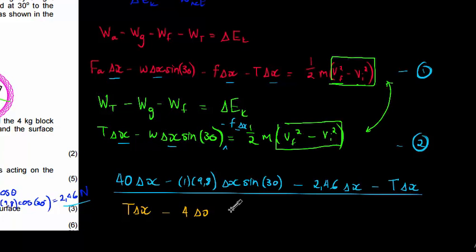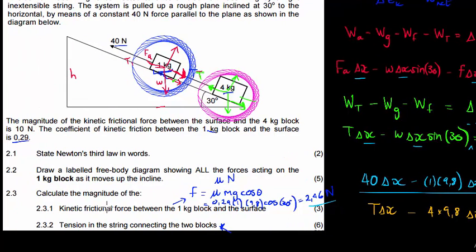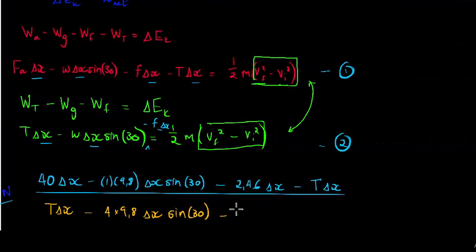Weight is 4 times 9.8, times delta x, times sine of 30, because it's on an incline, minus the friction that this one experienced. I remember from the question, it says that the magnitude of the kinetic frictional force between the surface and the 4 kilogram block is 10 Newtons. So minus 10 Newtons times delta x. That's the only income and expense of energies for the bottom one.